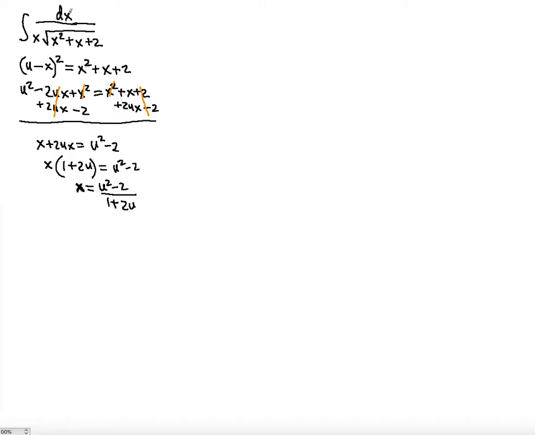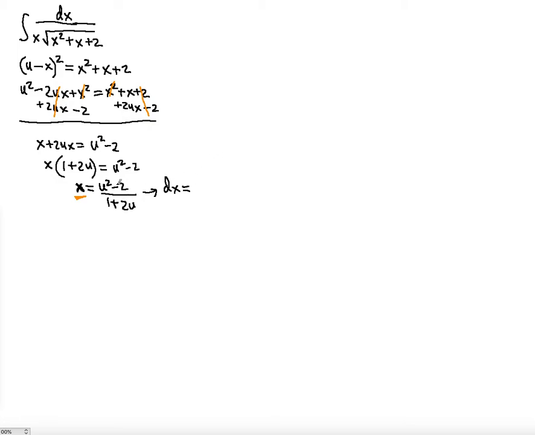Now the dx we needed for the top, so we found x, but we need dx. So dx is going to be what? Let's underline that because we're going to need it. We need the quotient rule for this.